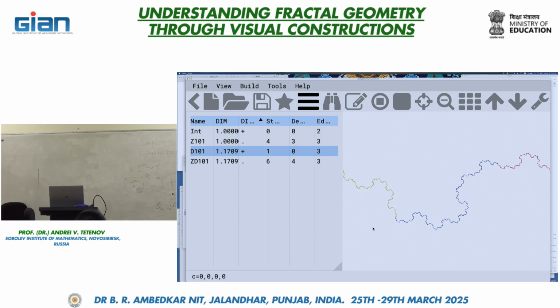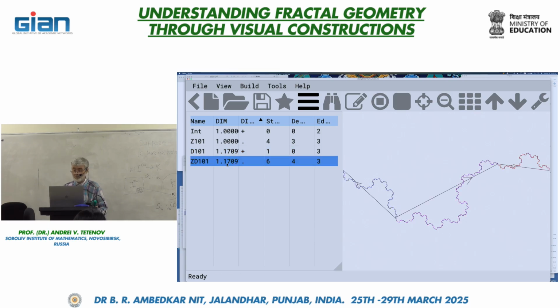Is it visible? Okay. But how to check how this attractor correlates with this initial curve, Z101? This will be this one. You see?